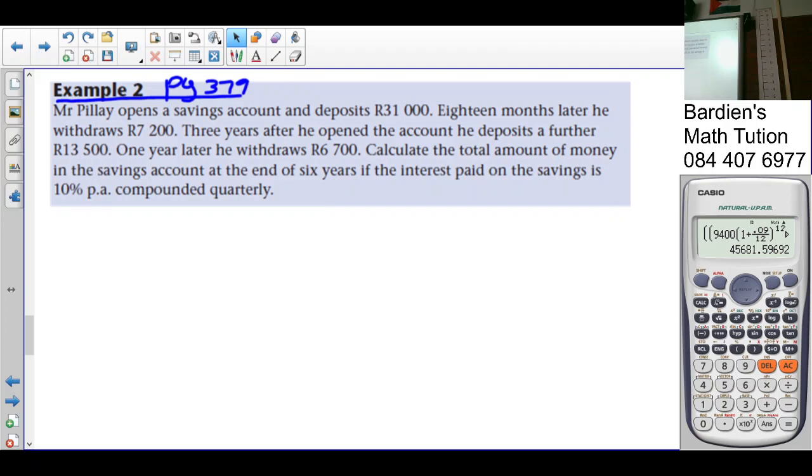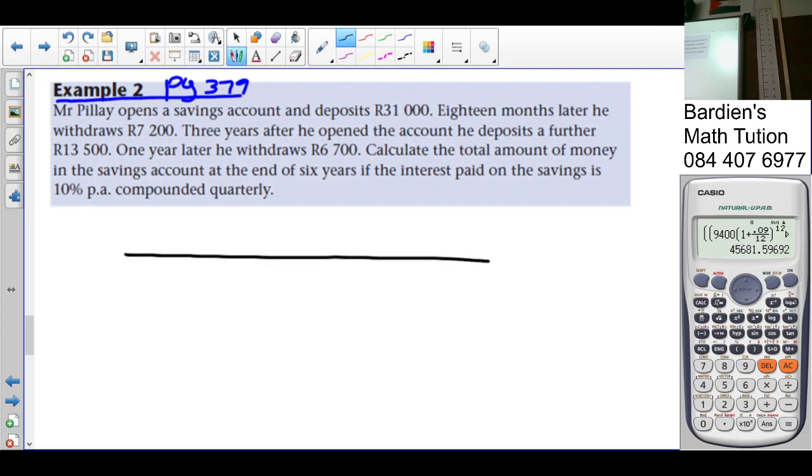So you're going to do this together because I know the bell's going to ring soon. So he's going to deposit 31,000. 18 months later, he withdraws 7,200. So what do I write there? 18 months is how many years? 1.5. So this is T0, that is T1.5.